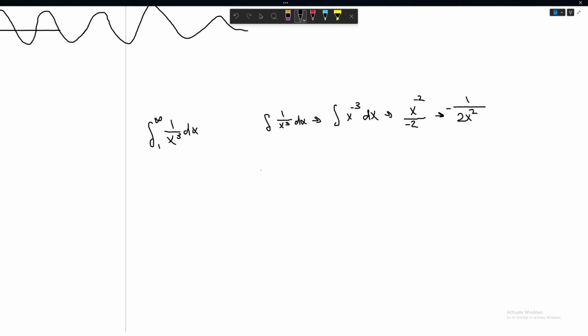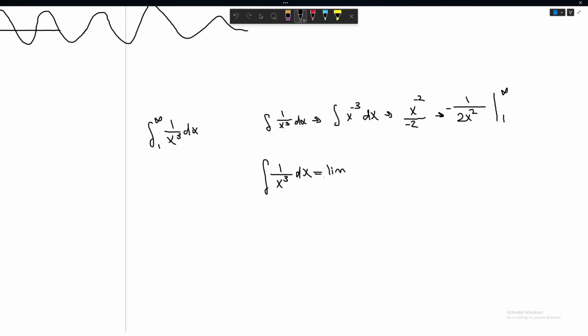Now we got to take the bound, and since we have infinity, what I'll say is the integral of 1 over x cubed dx equals my limit. We're going to set the top bound, infinity, to a letter, not x, because our function is in terms of x, but you can set it to any letter.